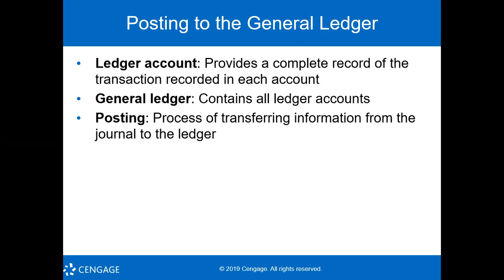That's what we've been getting practice with in chapter 2, right? The collection of all of the T accounts is our general ledger. And just like we practiced in chapter 2, posting means we're transferring a journal entry to the T account. It's the process of transferring information from the journal entry to the ledger account.